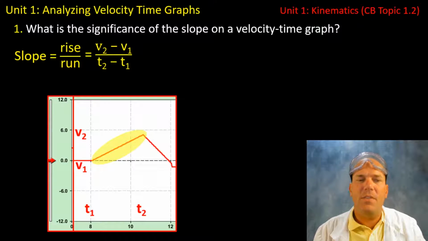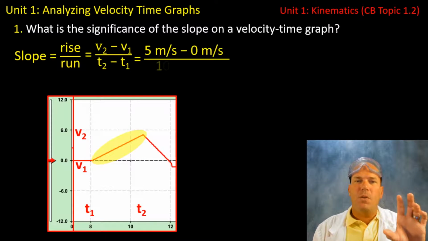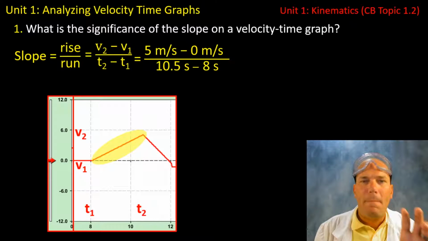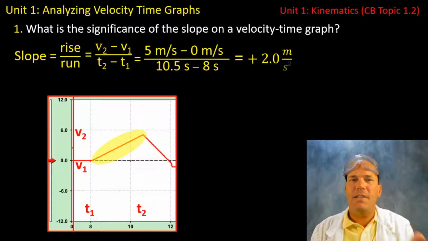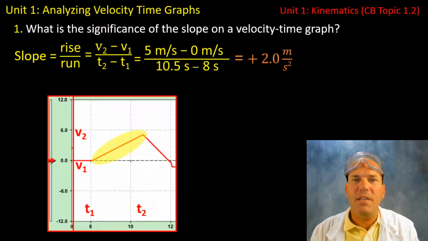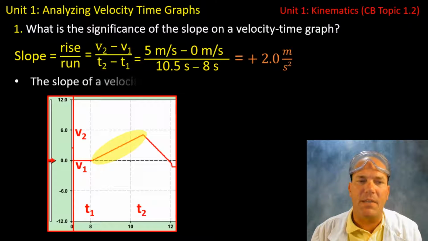I've indicated those points roughly on the graph, and we're going to now put in our values to calculate the slope, paying attention to the signage, and we get that the slope of this region is a positive 2.0 meters per second per second.